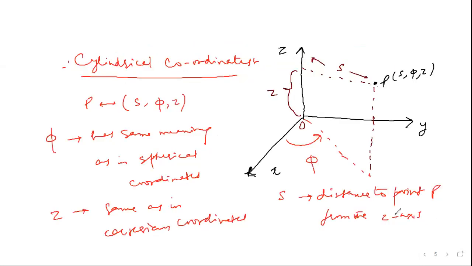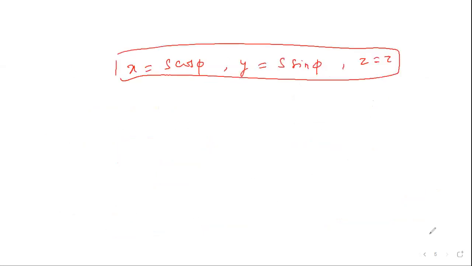Since this is also s, its projection on the x-axis is s cos phi, its projection on y is s sin phi. So the relations are obvious.